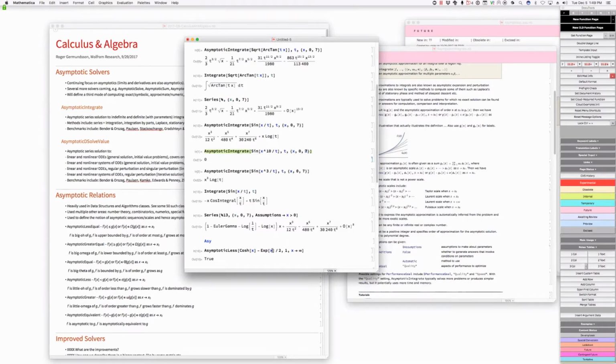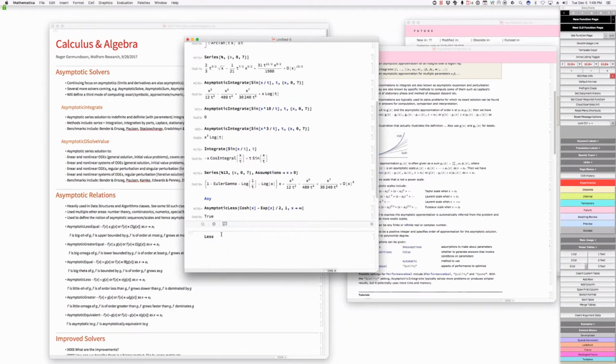Why do I have to state, so these things here are always Booleans. Is there ever an "I don't know" response from asymptotic less? Yeah, it can give conditions on parameters and other things. Okay, but it doesn't do that with an order. I presume if you put an A in front of the X and the exponential, it'll give you a conditional expression.